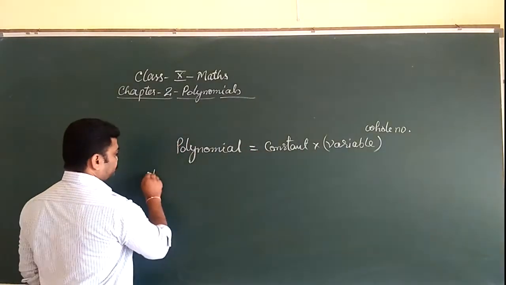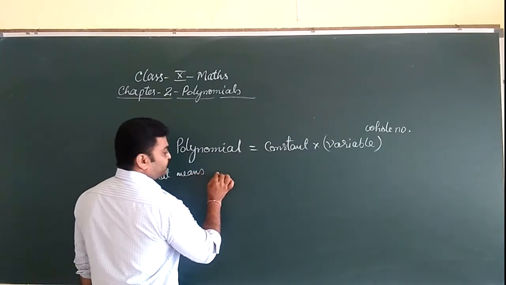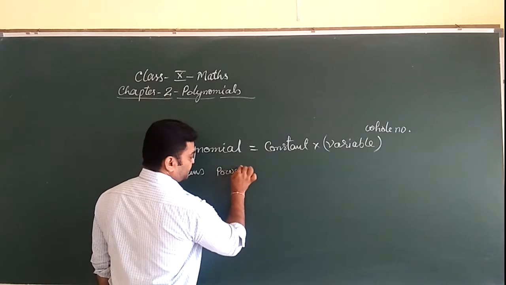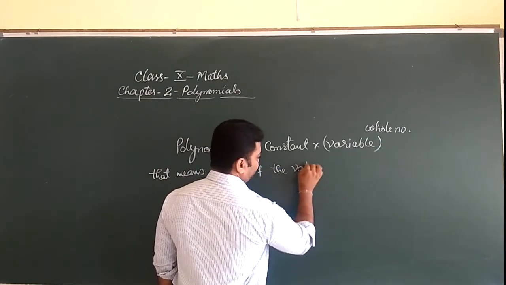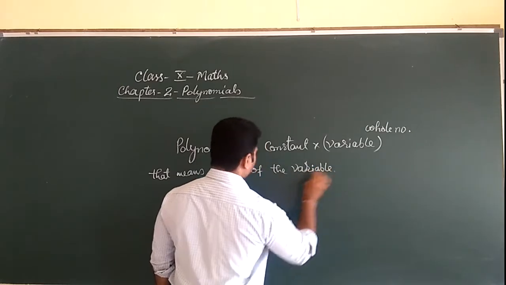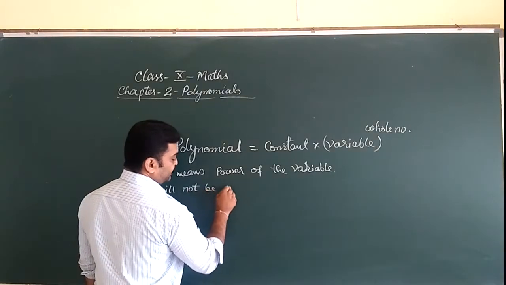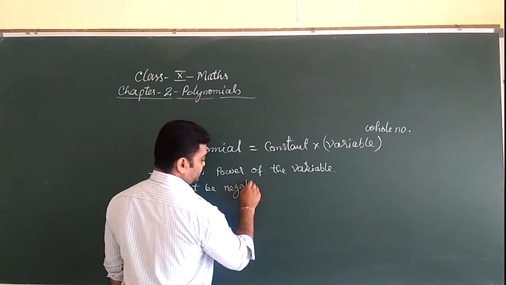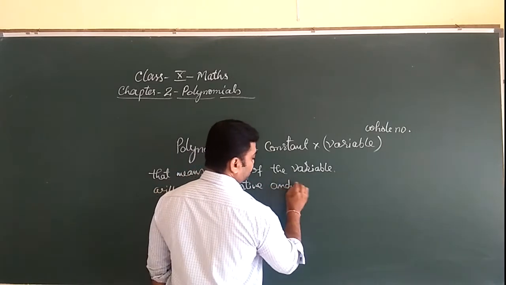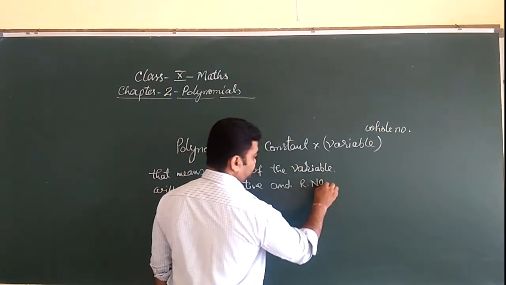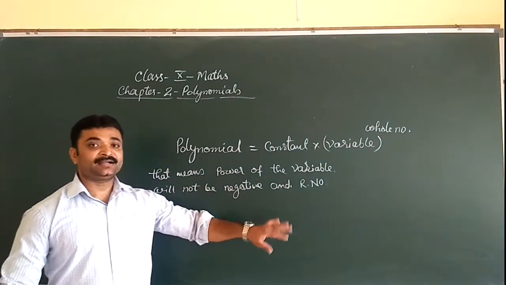That means the power of the variable will not be negative or a rational number. Got it? That means the power of the variable will not be negative or a rational number.